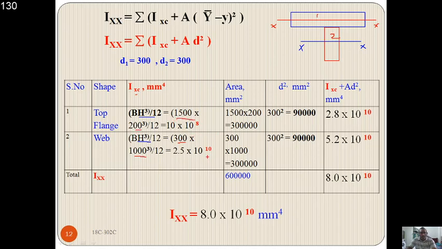Then substitute, you will get the answers, get the d square, multiply with the area and add with the Ixc. Then the summarized values will give you the Ixx value, 8 into 10 to the power of 10 mm to the power of 4.